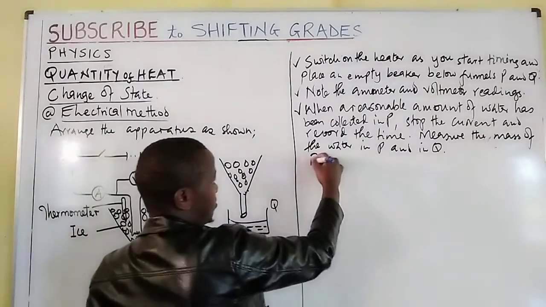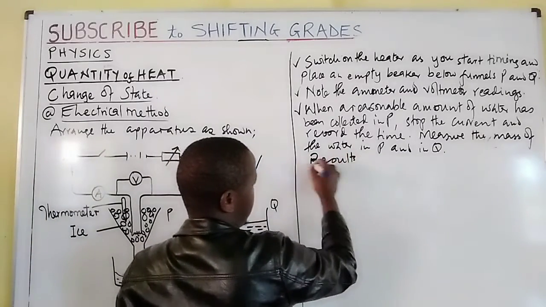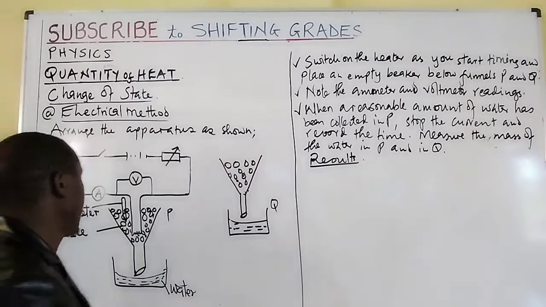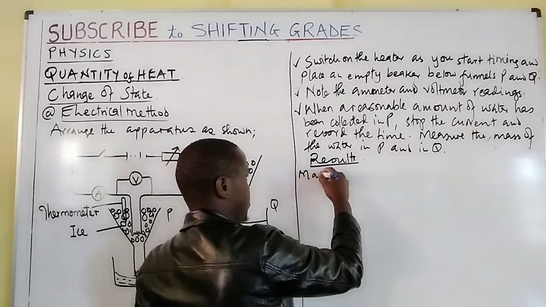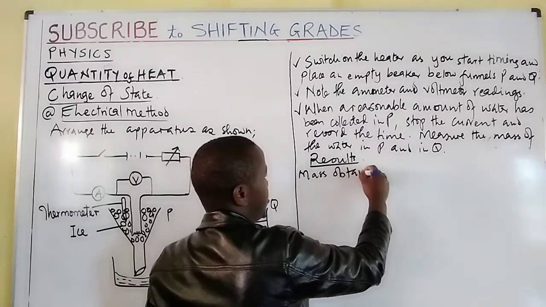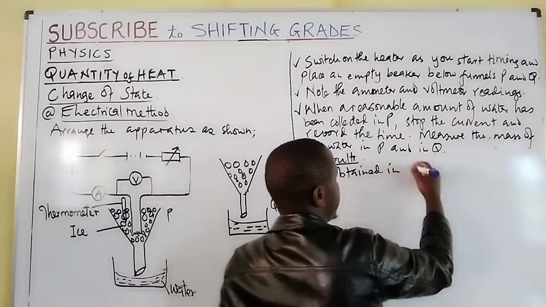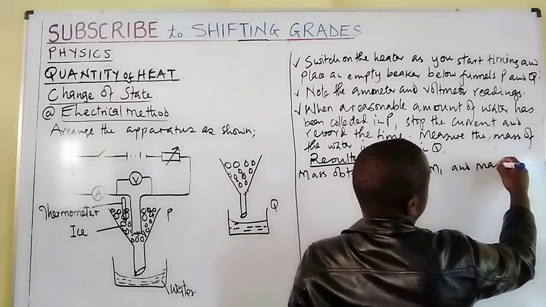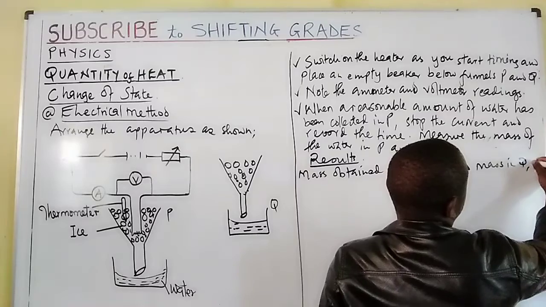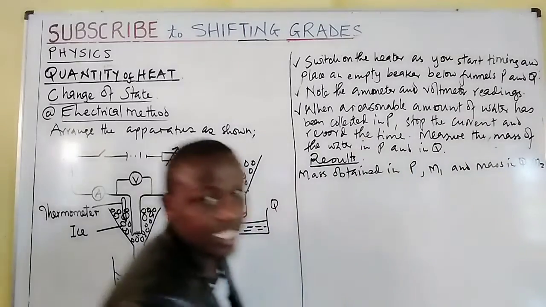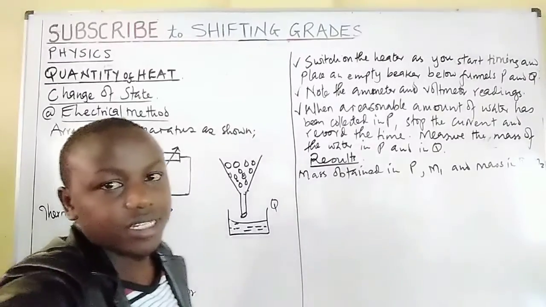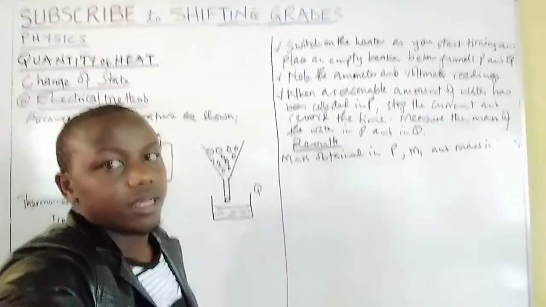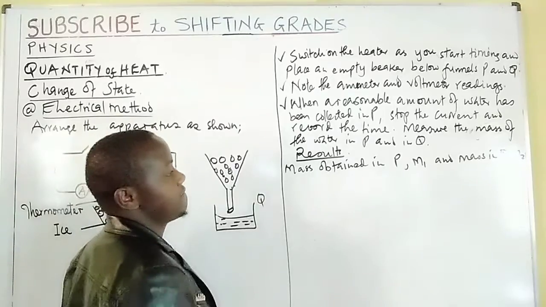Therefore, let the mass of water obtained in P be M1 and the mass in Q be M2. Let the masses be that way, M1 and M2.